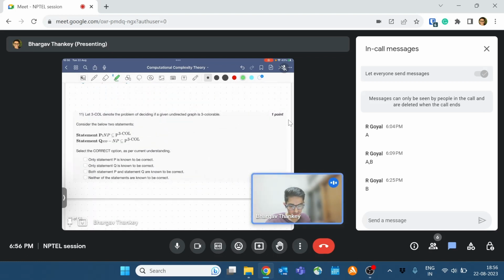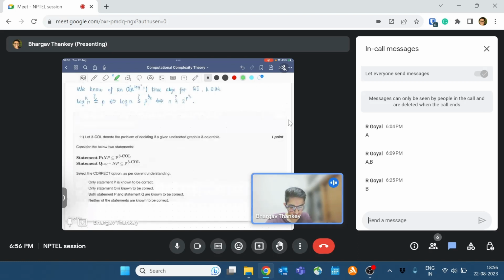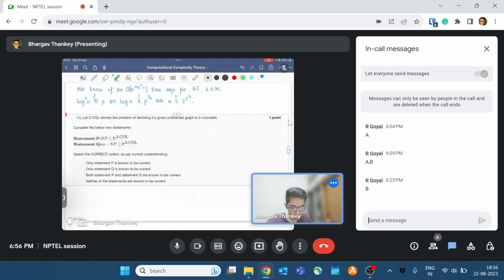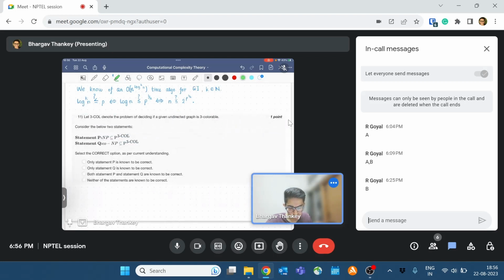Let 3-colorable denote the problem of deciding if a given undirected graph is three colorable, and consider the two statements below. Statement one: NP is contained in P to the three colorable.